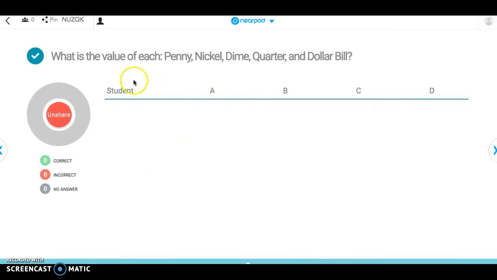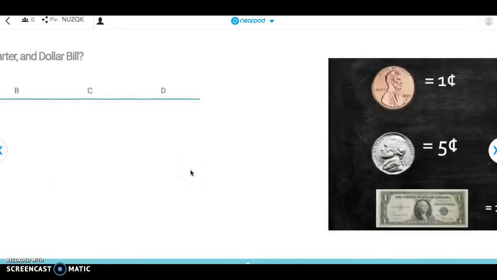On their view of the screen, they'll have options A, B, C, or D, with the correct answer for penny, nickel, dime, quarter, and a dollar bill in order. It isn't showing up on my screen for some reason.